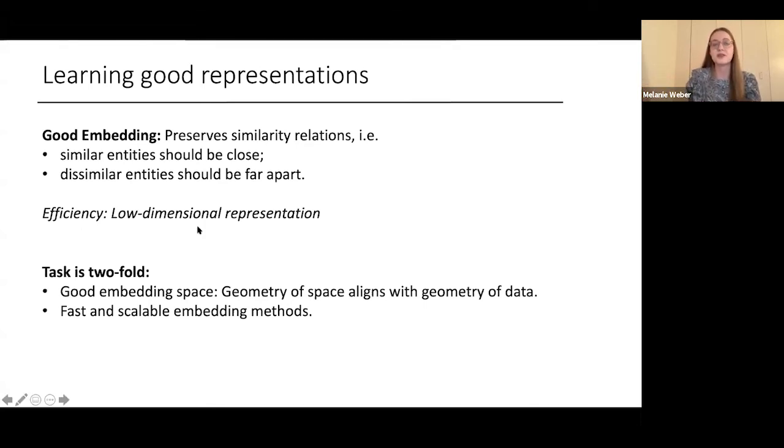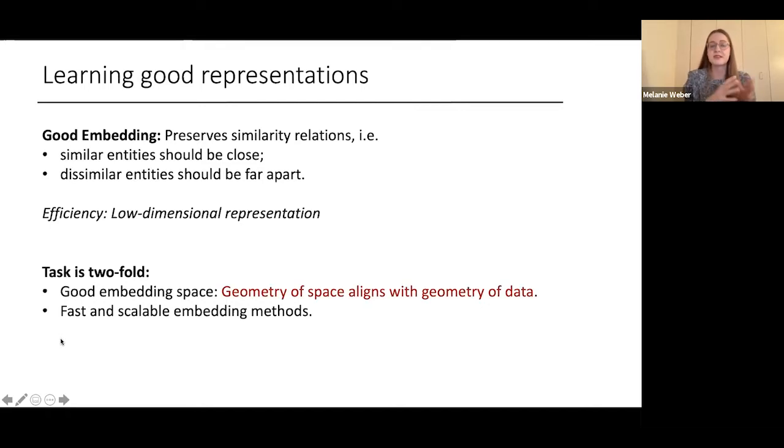And for efficiency, we usually aim to have a low dimensional representation, because many of the algorithms and methods that we will use in downstream tasks have a complexity that scales with the dimension of our space. So it's good to aim for a low dimensional representation, because this will give us more efficient methods.